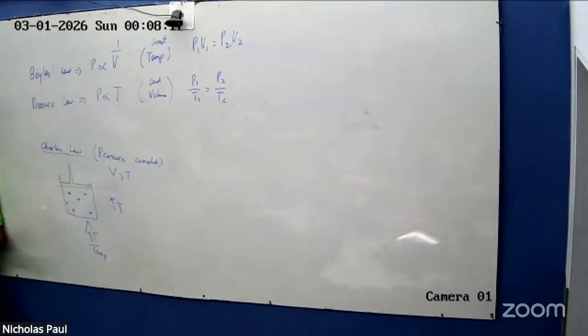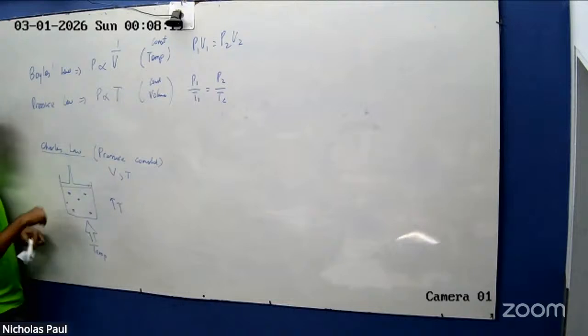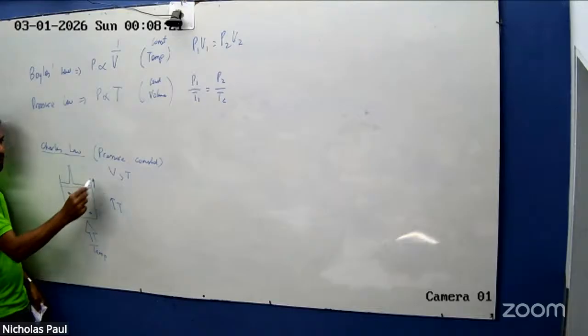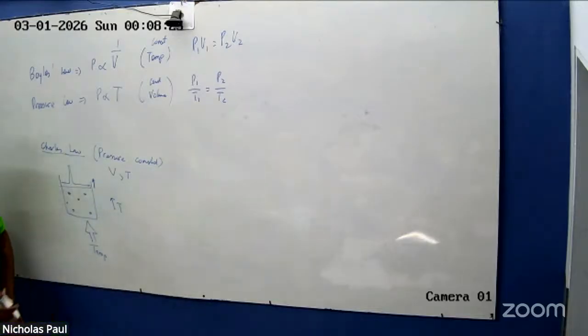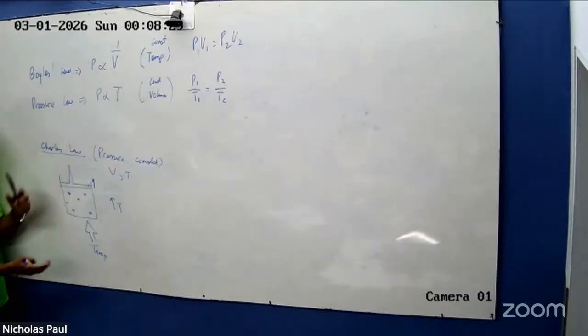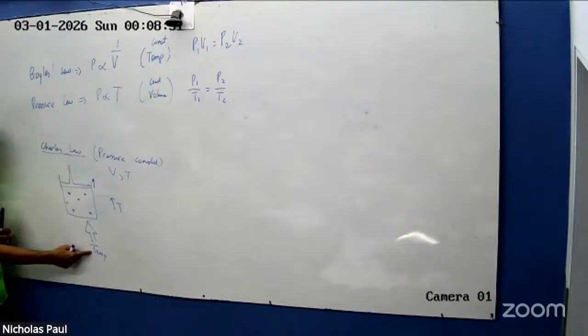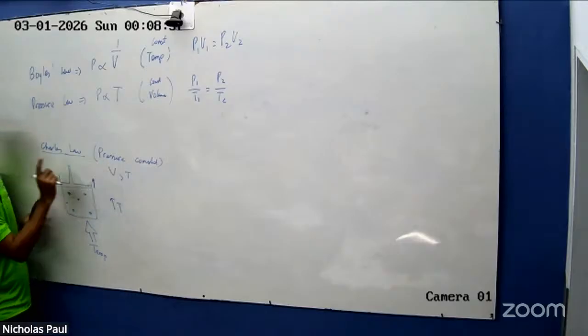Increase. So if I make the volume larger, what will happen? If I make this space larger, then I have more space with these high energy particles. So the pressure will stay the same, right? So you don't want it to go up.